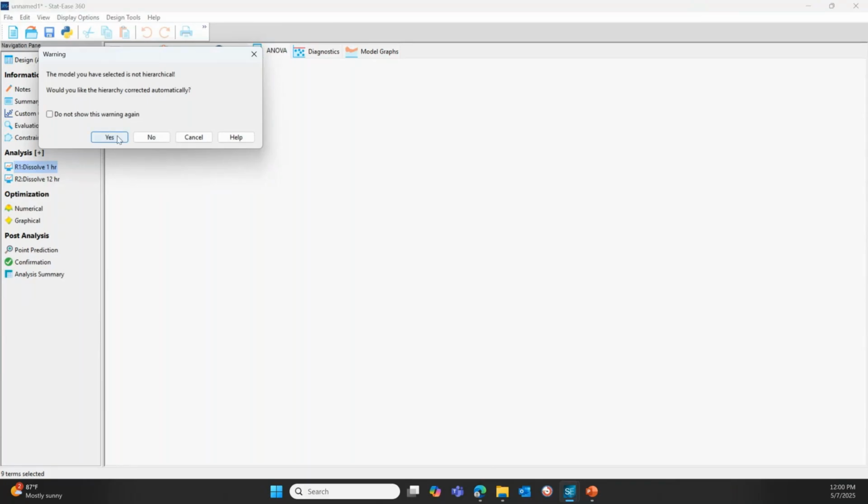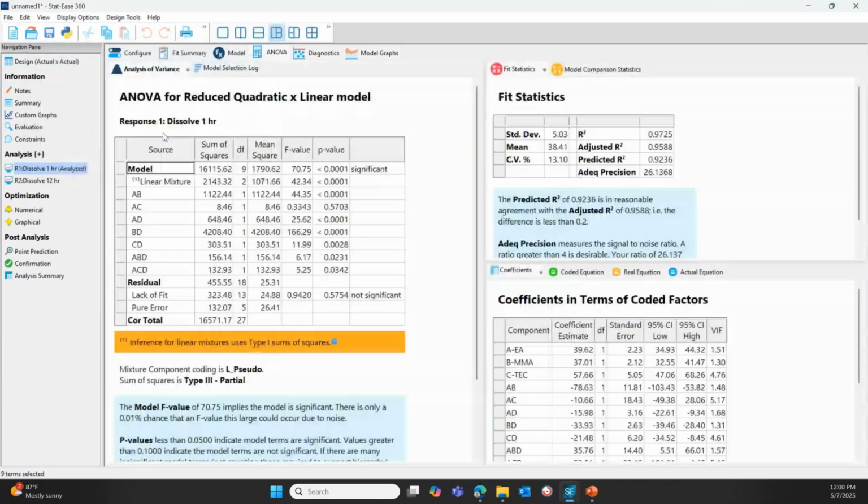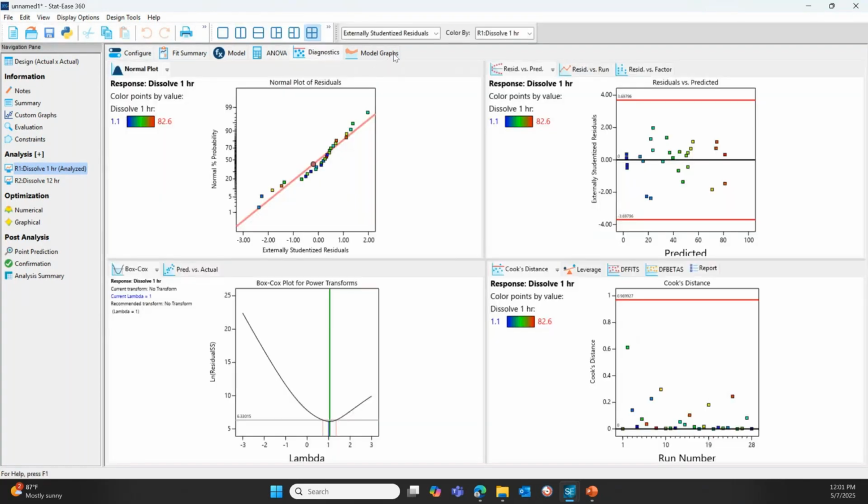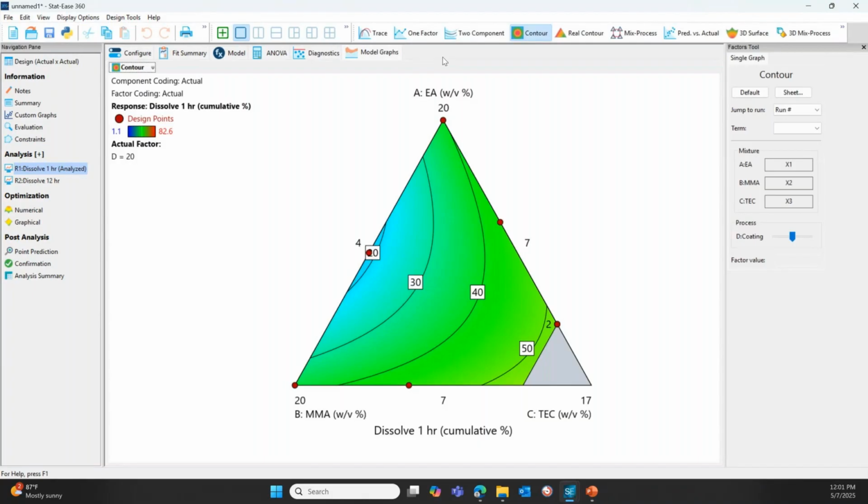Then I've got to fix hierarchy, another story, and so boom. At the end of the day, quickly going through model reduction and correcting for hierarchy, I am now left with this predictive model. It's a significant model. The lack of fit is not significant. Remember, those were the ideal circumstances. My fit statistics are amazing. I will look at the diagnostics. We can get to some model graphics on that.